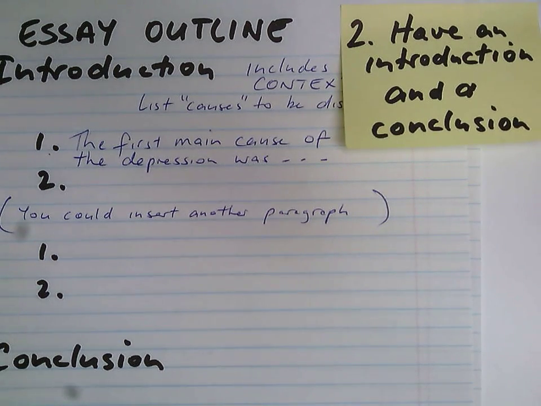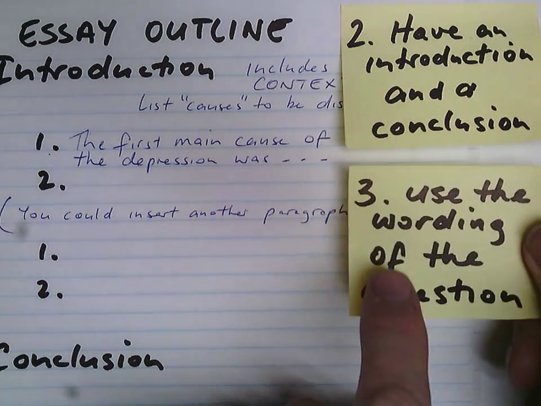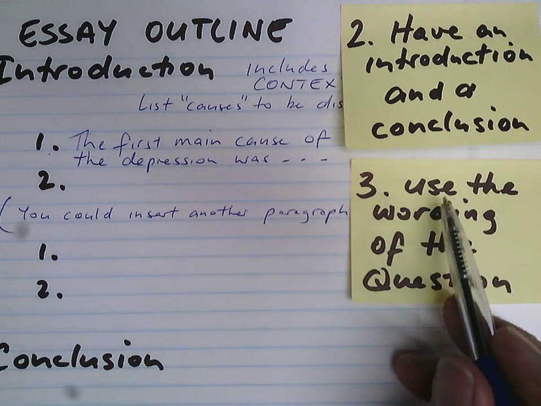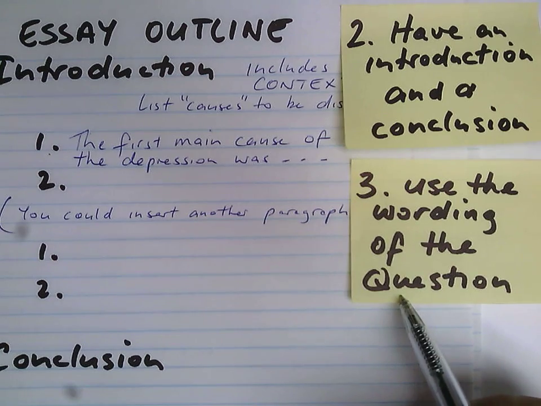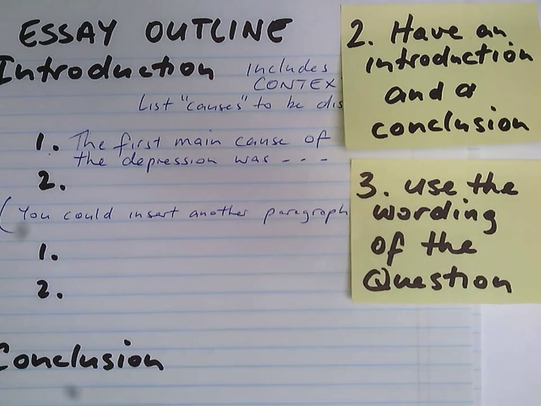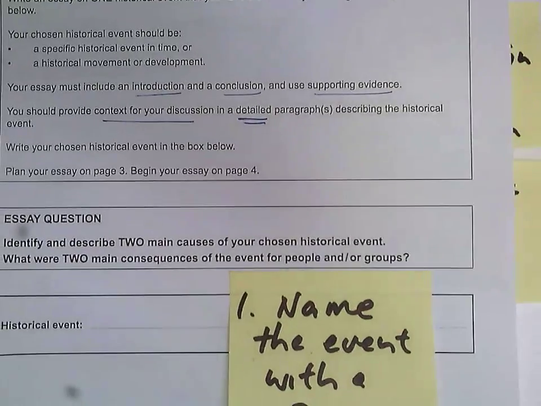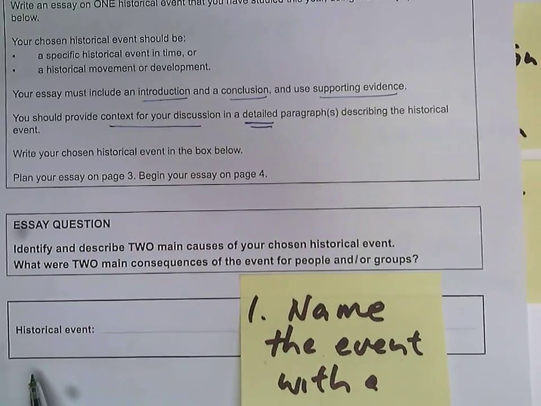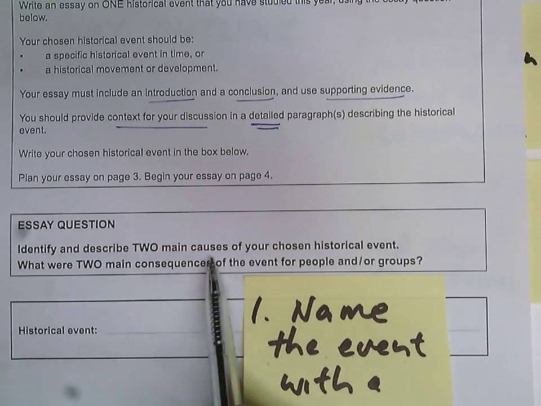So a third tip is to use the wording of the question. In your answer, use the wording of the question. So the question says, identify and describe 2 main causes.